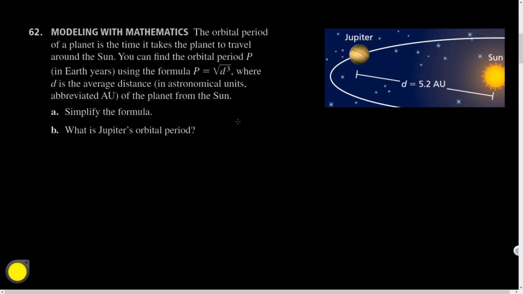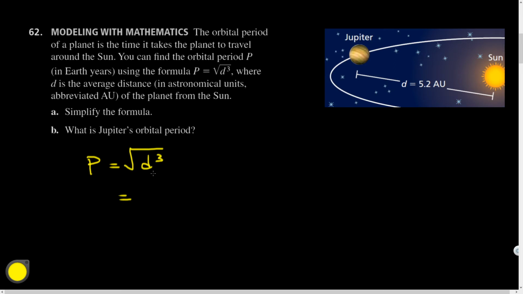All right. So if P is equal to the square root of D cubed, I was starting to think about other properties that we'll be doing in future lessons, and so I got stumped for a second there.